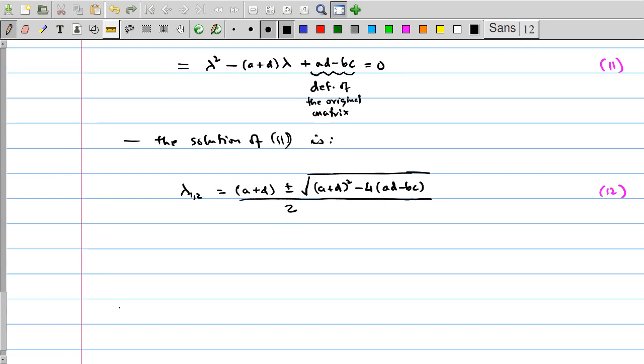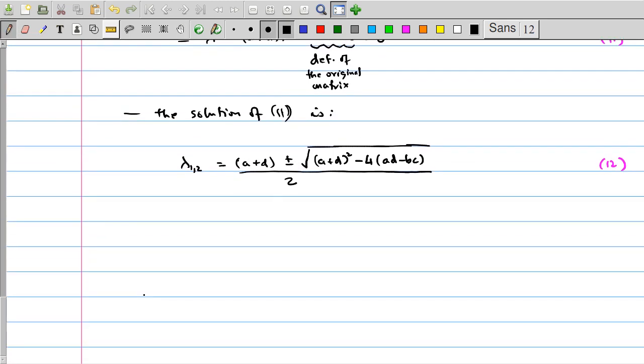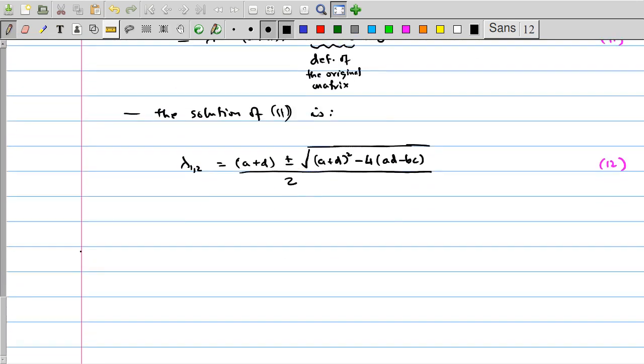Okay, so these are the lambdas. We have found the lambdas.